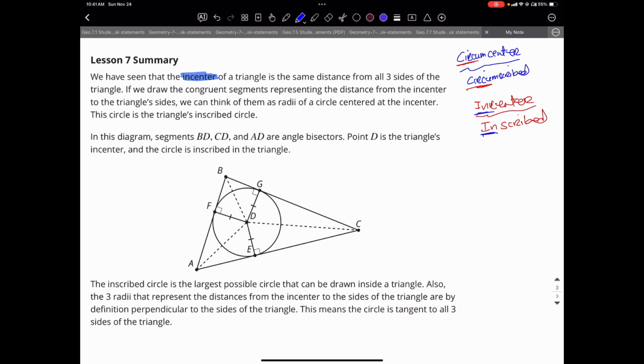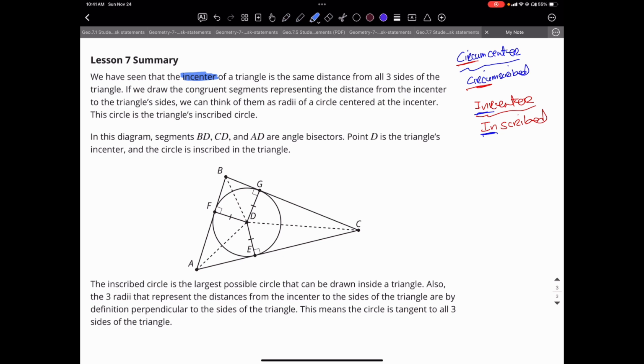If we draw congruent segments representing the distance from the incenter to the triangle sides, we can think of them as radii of a circle centered at the incenter. This circle is the triangle's inscribed circle. Now, here's the other thing I want to point out. Previously, to find a circumscribed circle for a triangle, we found the perpendicular bisectors.